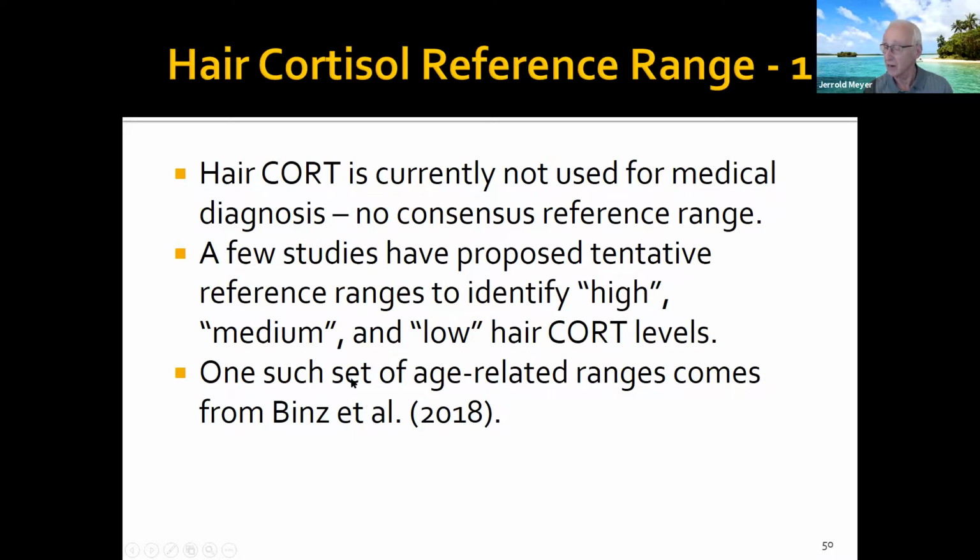The values that we get on average are reasonably within the same range that they get, but also, if you have a US population, which I assume most of you will be working with, these are Swiss and Australians, and who knows whether environment in different countries, whether diet, any of a whole host of things that differ between countries might affect hair cortisol. We don't know. It hasn't been systematically looked at, as far as I know.